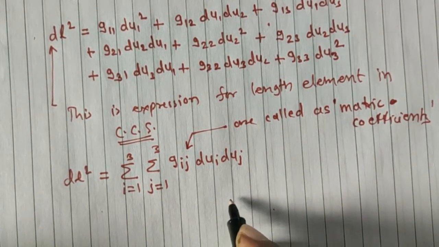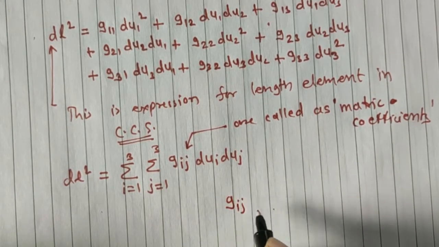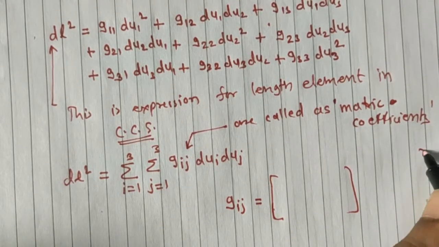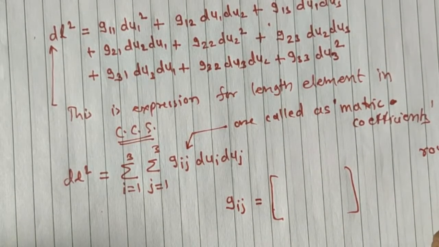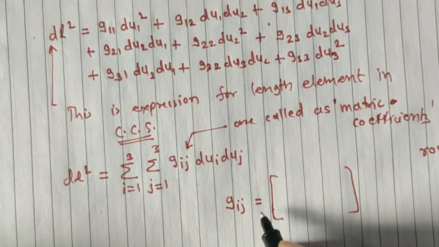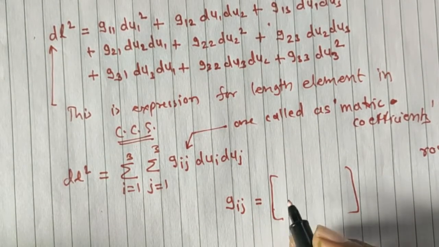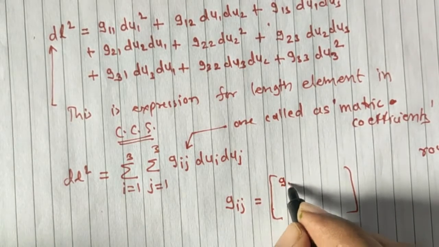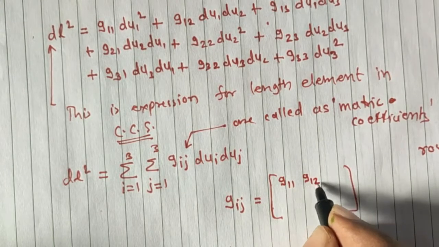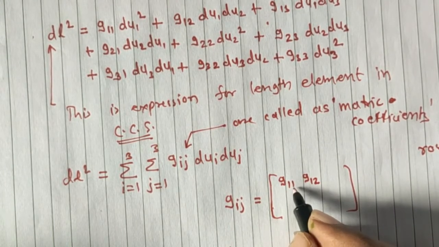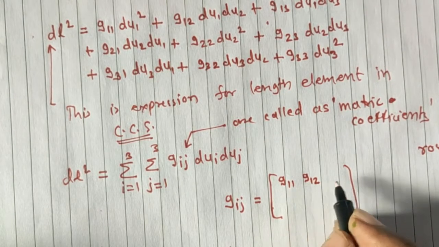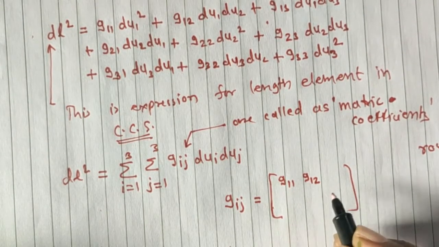So let us try to write that matrix. You know how we write a matrix, row into column, right? So i is representing row, j is representing column. G11, then G12, the first index means first row, and the second index means first column.